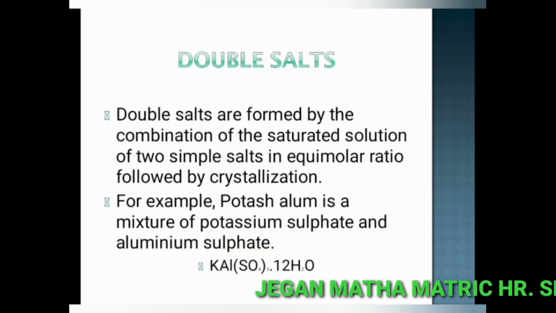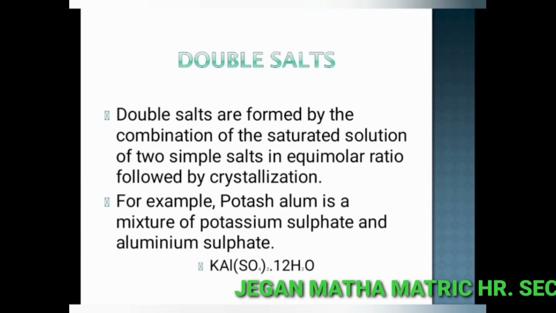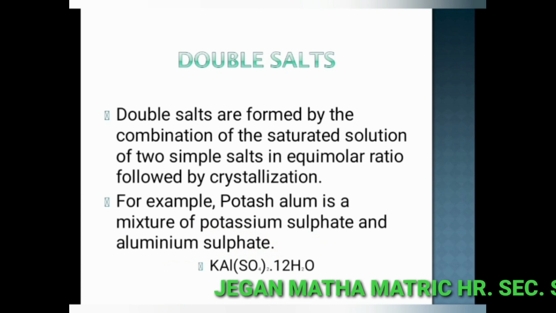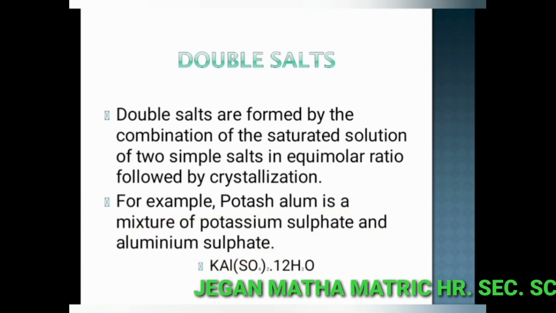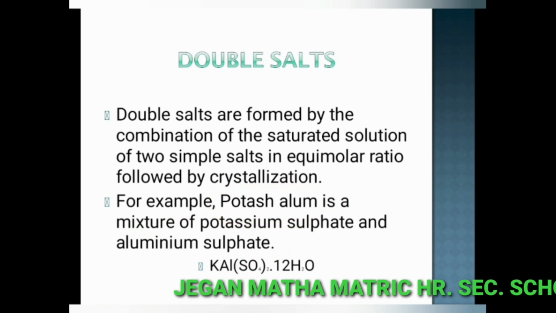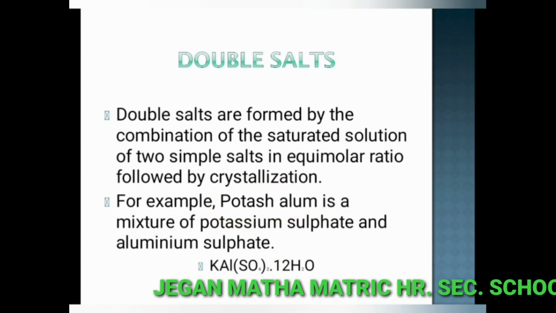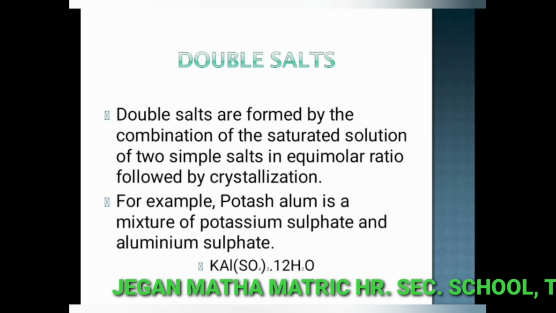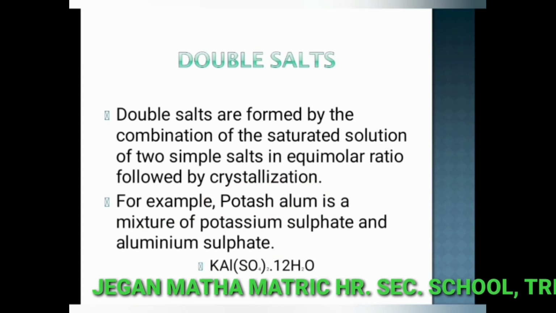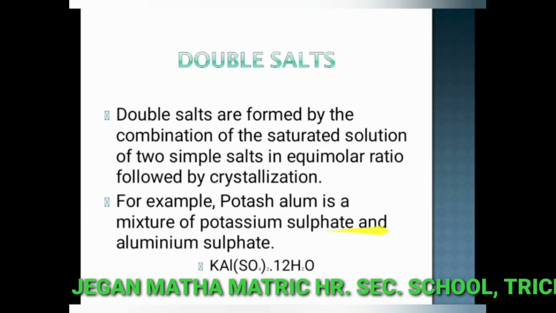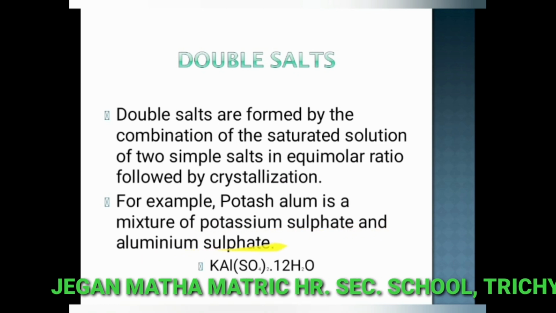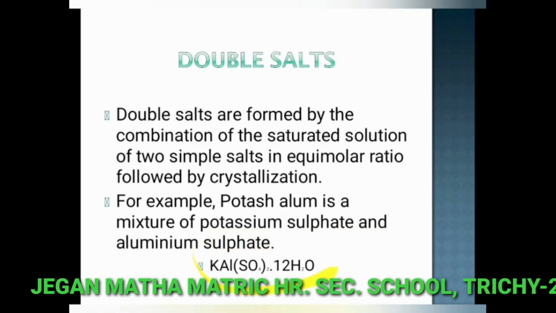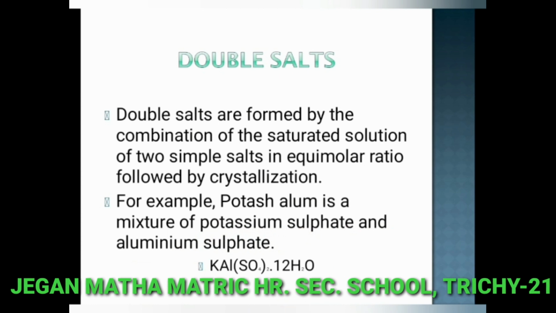These two are saturated solutions of 2 simple salts, and in equimolar ratio they form potash alum. So the example for double salt is potash alum. This is the chemical formula of potash alum.